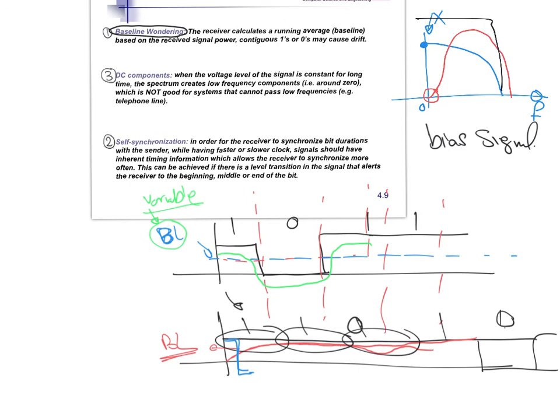So in all cases, these components will be very distorted from the signal. So it's always not advisable to have high power at zero frequency. So this is what we call a DC component. A DC component talks about high power at very low frequency.